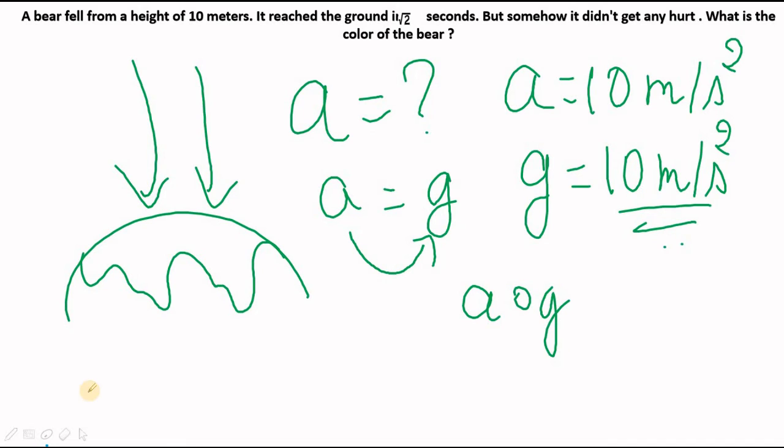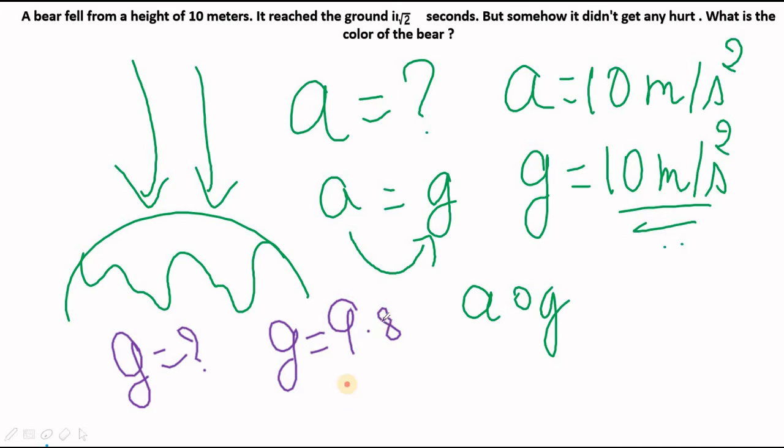Now I would like to ask you one more thing. Usually what value do you take for g, that is acceleration due to gravity? In many problems and in real life also, we take it as 9.8 meter per second square. While solving many problems we take it as 9.8. But here if you see, g is 10 meter per second square.